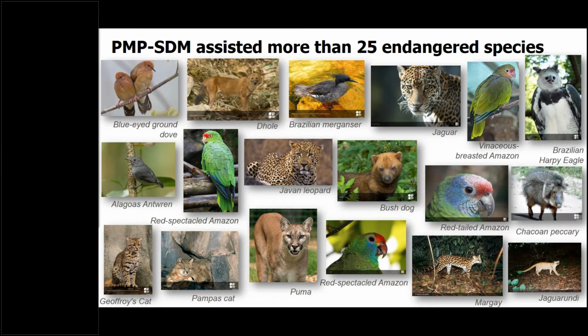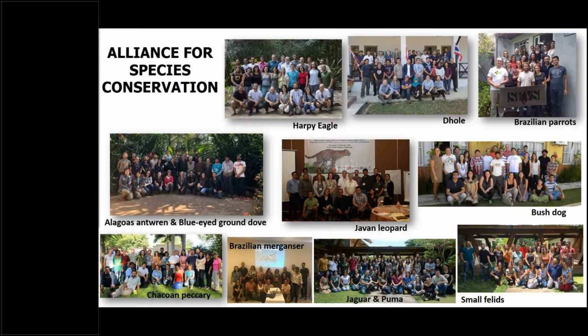And the process, the PMP SDM, has assisted more than 25 endangered species along these years. And the process allowed us to make an effective use of the SDM guiding conservation decisions, as I will show you in the next examples. It also helped to bridge the gap, as I mentioned, and also leveraged the formation of an alliance for species conservation based on collaboration, engagement, long-term commitment, and trust-building relationships.